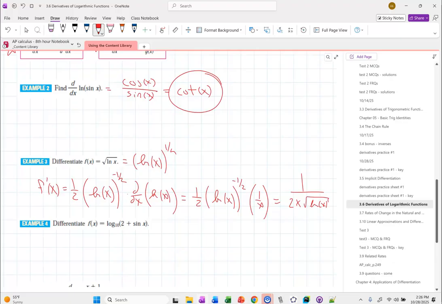So this is just like a power rule. The exponent becomes the coefficient, and I subtract 1. Is that good? You guys feel okay?